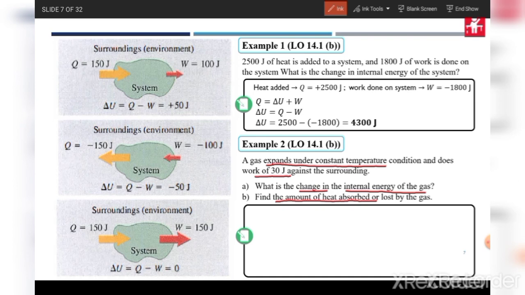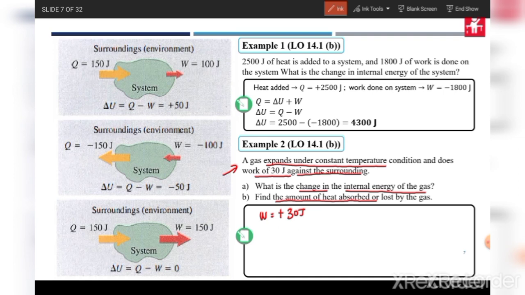From the question, we know that we have the work done of 30 joule. So work done is equal to positive 30 joule because work done against the surrounding is the same as the work done by the system.